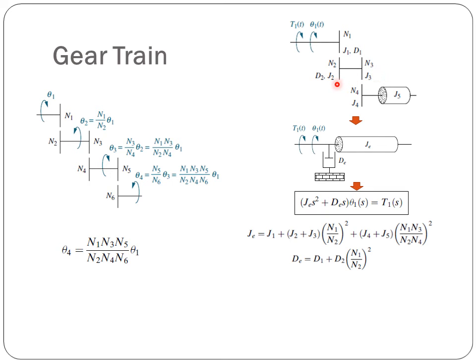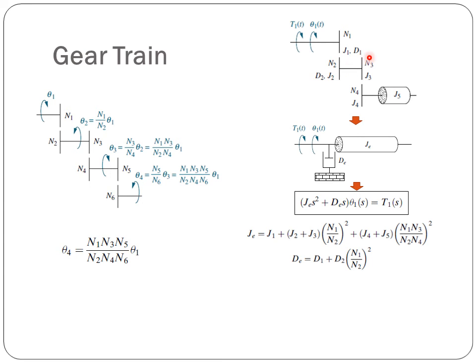We have to remember that J2 and J3 are on the same axis, the same theta 2, and to transfer from theta 2 to theta 1 we have to multiply with n1 by n2. So we cannot use n3 for J3, rather we have to use n1 by n2 whole square for both J2 and J3 because they are on the same axis. Similarly, J4 and J5 are on the same axis, for example theta 3, and we have to transfer it first from here to here.